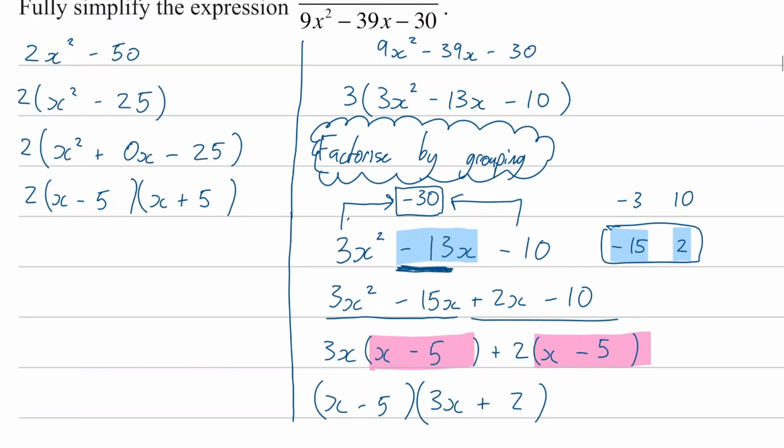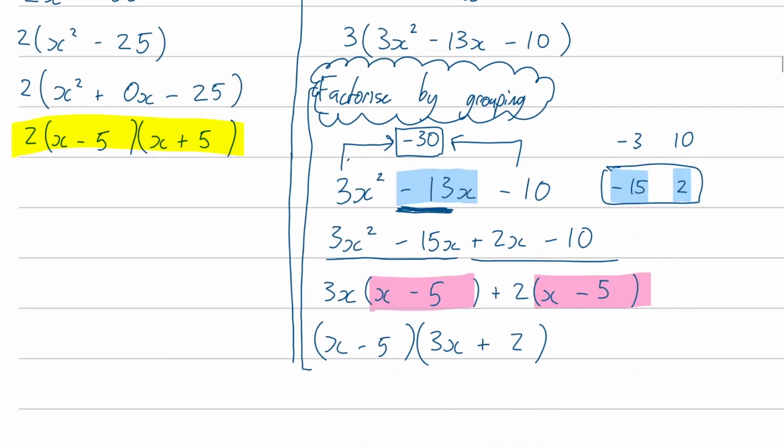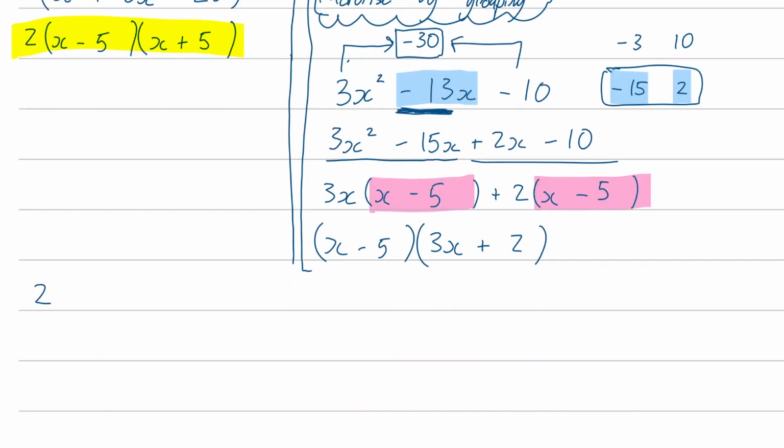All right, so that was a little side note, factorizing by grouping. Now let's answer the problem, combining everything we have so far. The numerator became this one up here: 2 times x minus 5 times x plus 5. Right, so that's our numerator. That's been factorized. We divide that by our denominator.